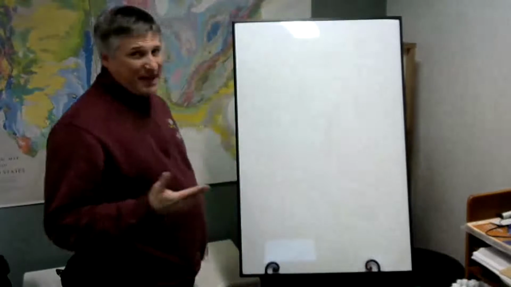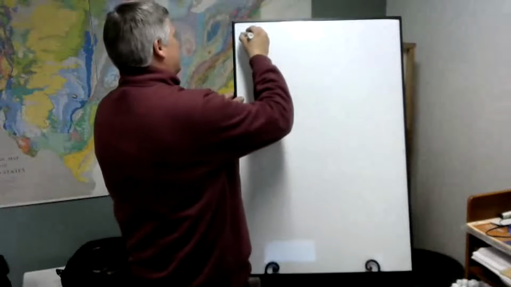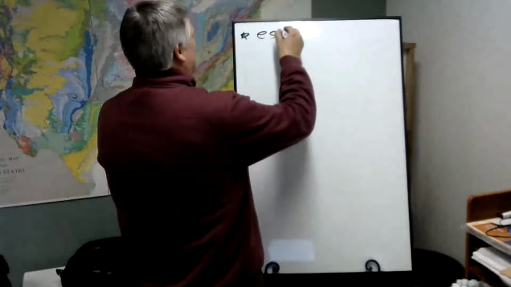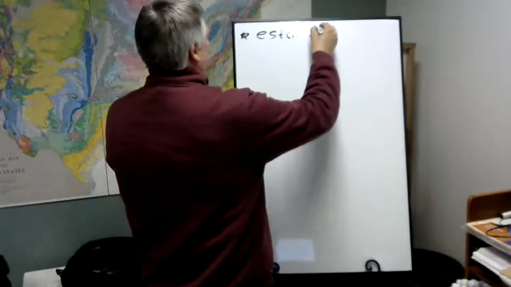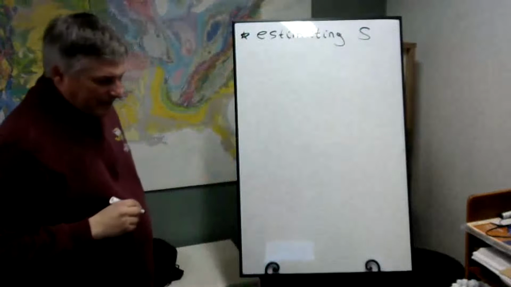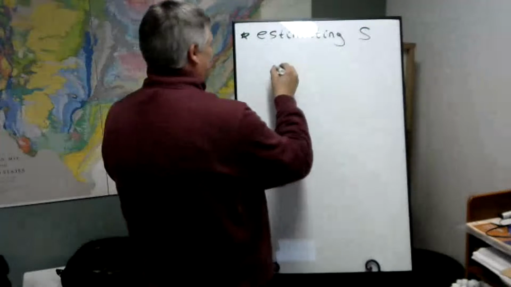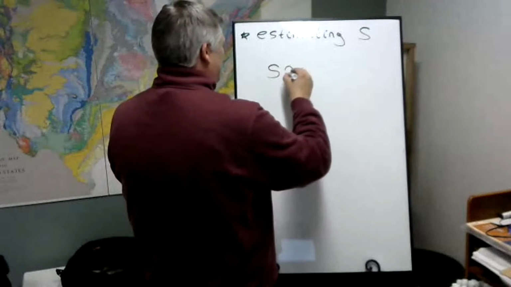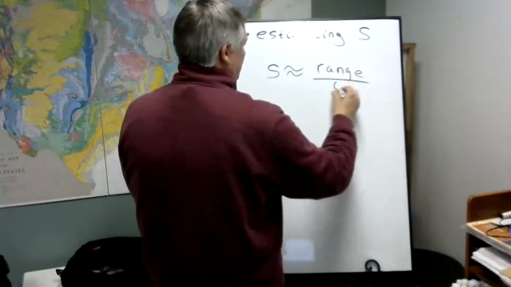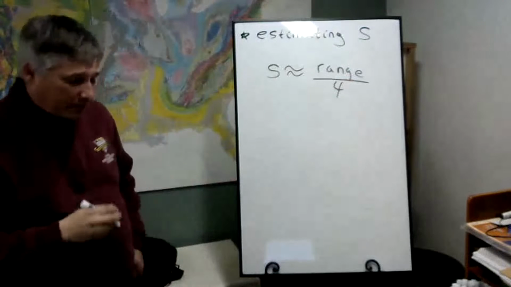Since we are going to use S, there is a way of estimating it. And it goes like this. S is approximately the range divided by 4.